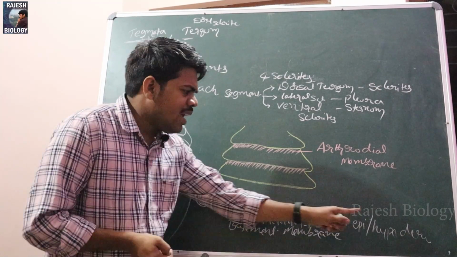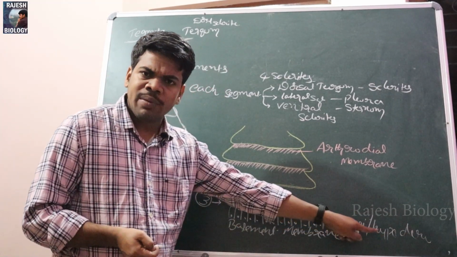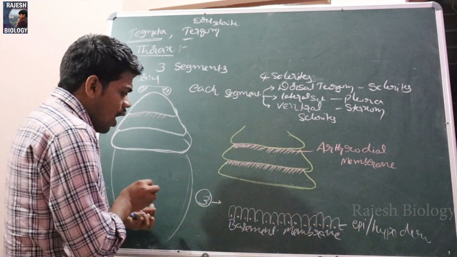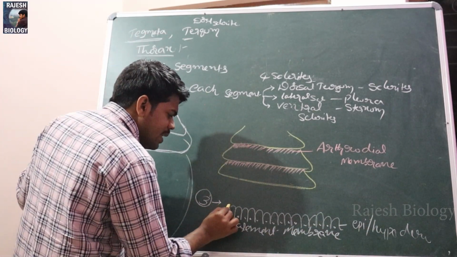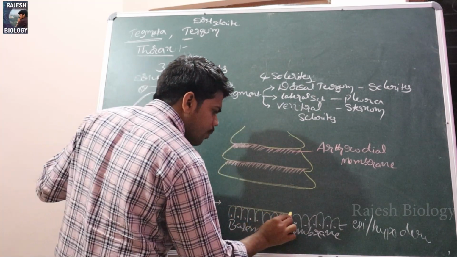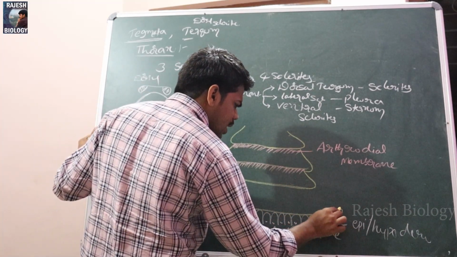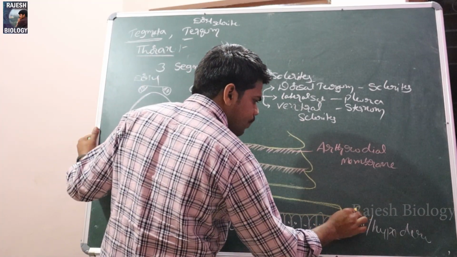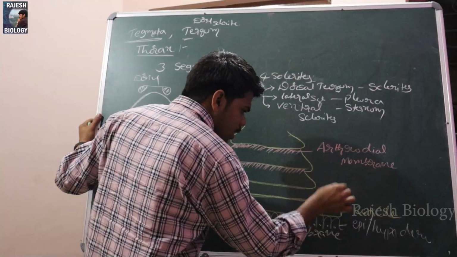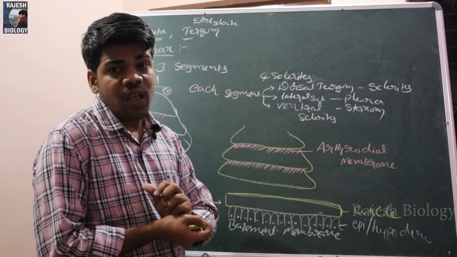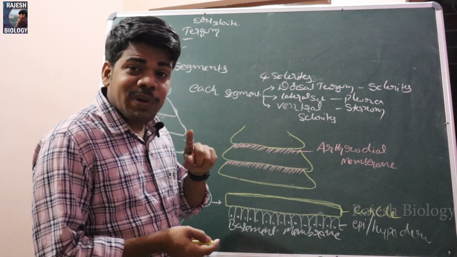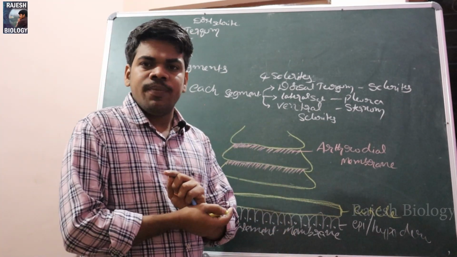Then why is it called hypoderm also? Epiderm is also called hypoderm here. Why? Because upon this epiderm there is a cuticle layer. Why is this cuticle present upon the epidermis?